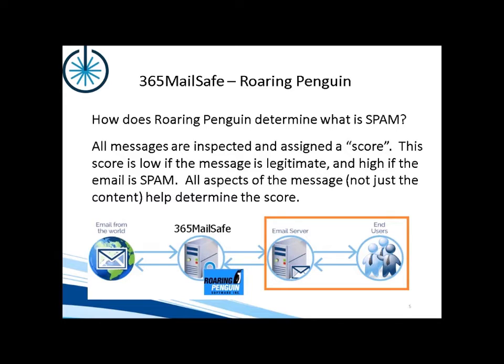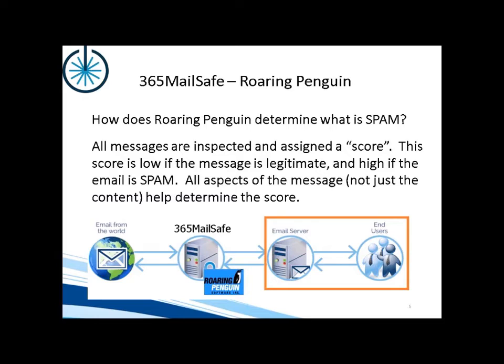Right. So the score comes from an inspection of the email message, but not just the contents of the message. It also looks at the sender, the country it's coming from, the IP address, and the SPF record. If that's missing, it obviously increases the score. There is also an algorithm called Bayesian.